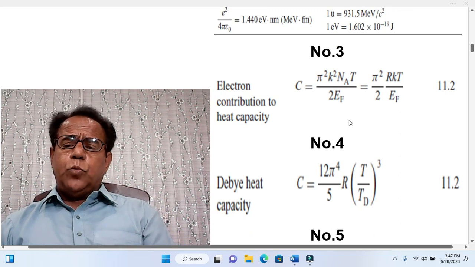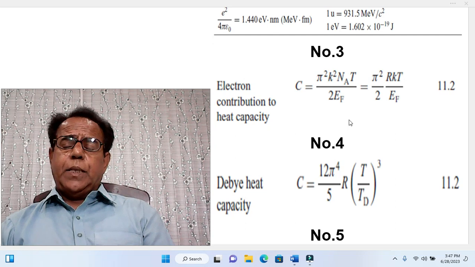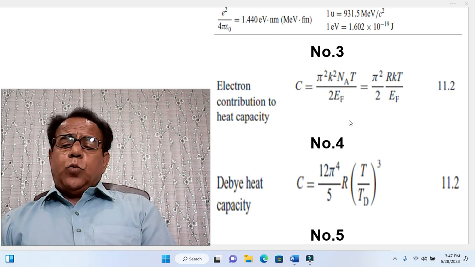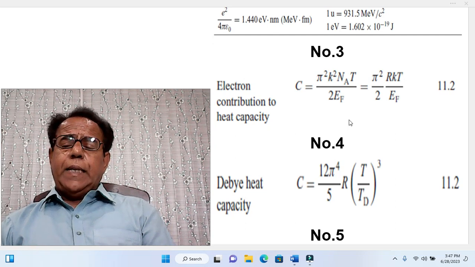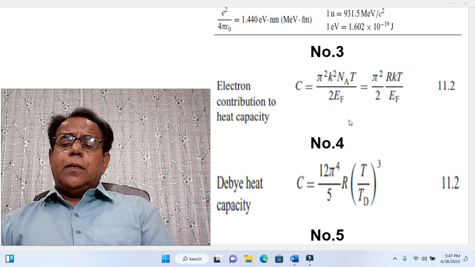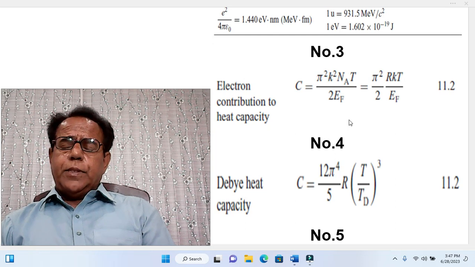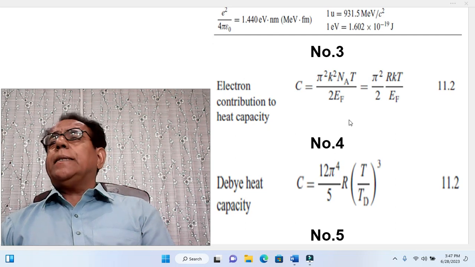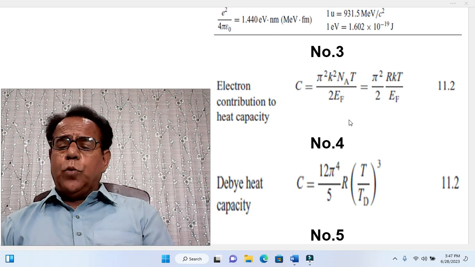Tool number 3, electron contribution to heat capacity, 11.2. This is given in summary at the end of chapter number 11 of the book Modern Physics by Kenneth S. Crane. 11.2 indicates that this is the second topic of the 11th chapter.